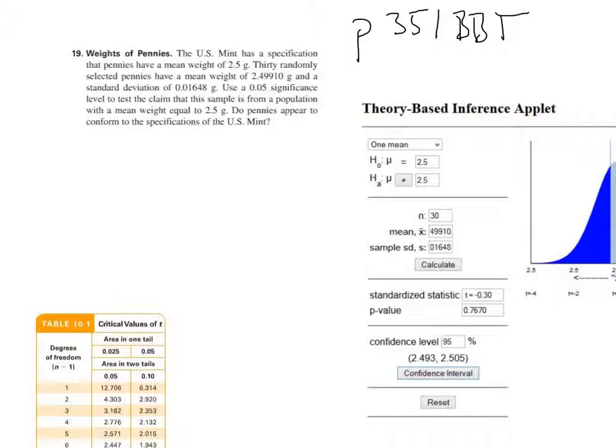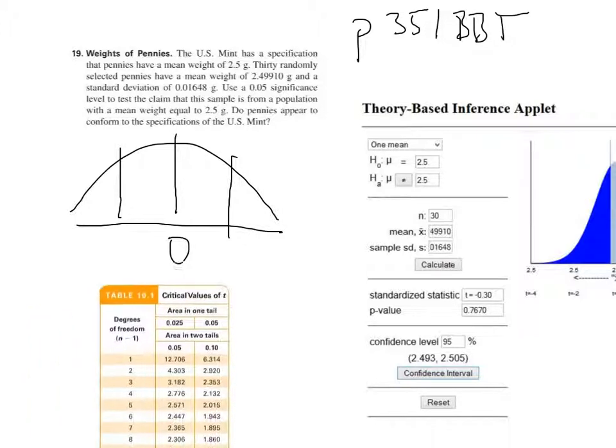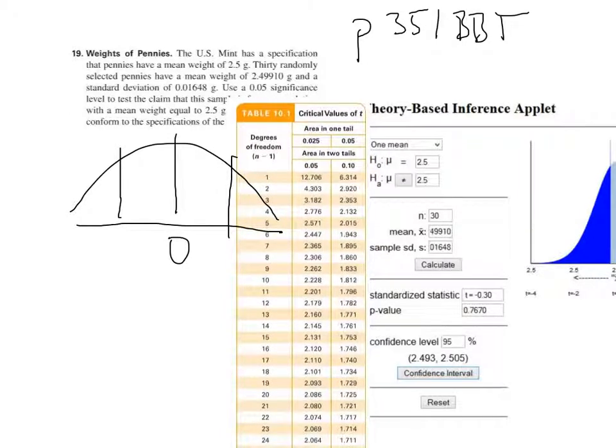So now maybe we should look at this using critical values. What we need to figure out is the critical value for this test statistic, and because it's two-tailed, it's on either side. I've got 29 degrees of freedom, because remember it's n minus 1, and they're telling me the 5% level of significance.